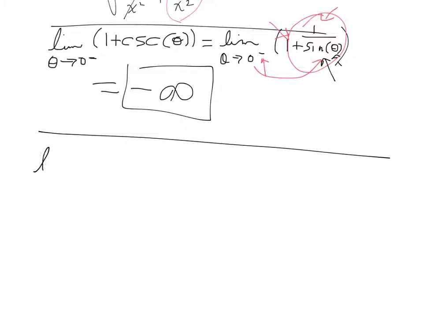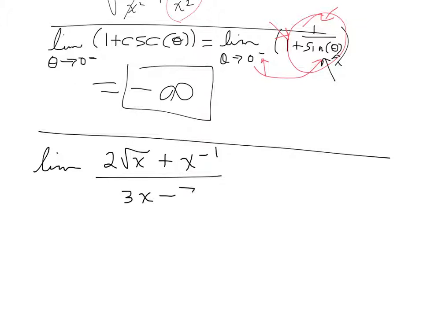If I have the limit of 2 square roots of x plus x to the negative 1 over 3x minus 7 as x heads to infinity.